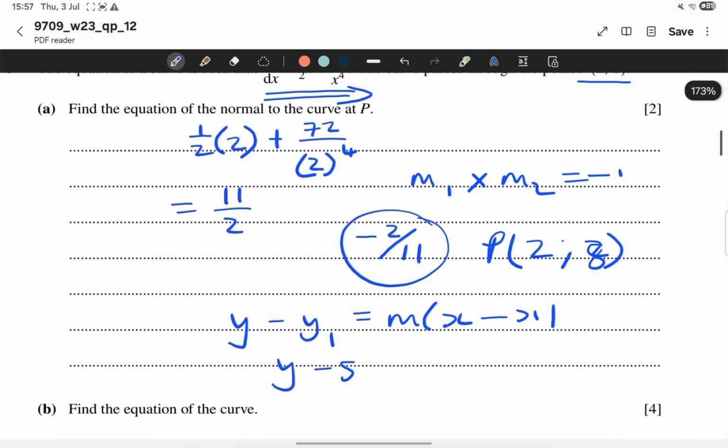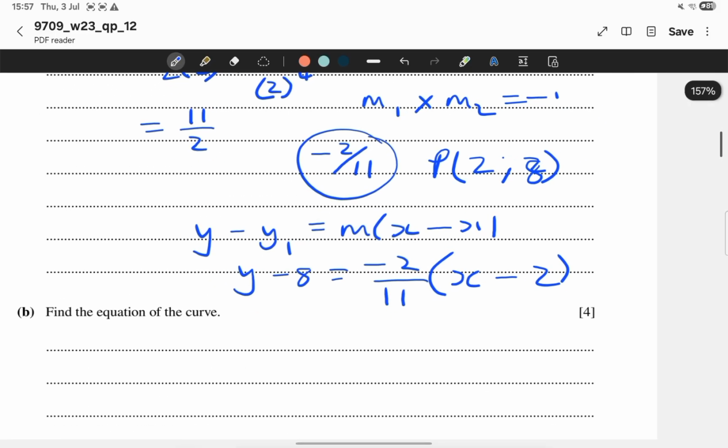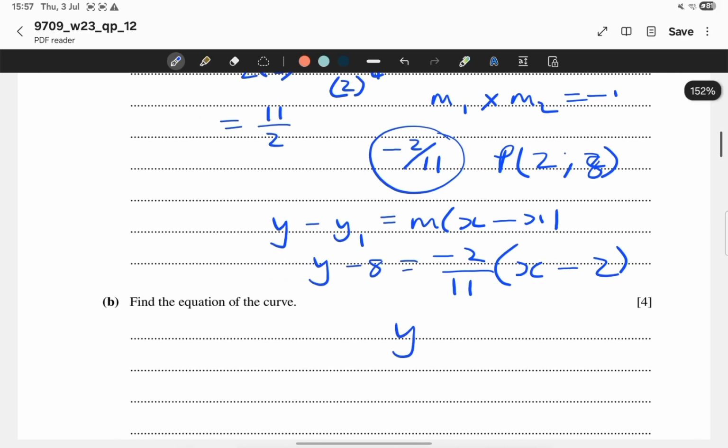Y minus 8 is equal to m, which is minus 2 over 11, (x minus 2). Then simplifying this, we get y is equal to minus 2 over 11 x plus 4 over 11 plus 8. And if you simplify this, you get the equation of the line.